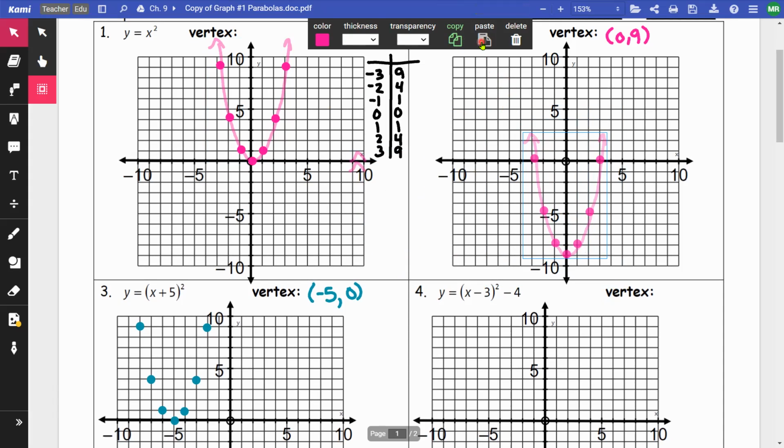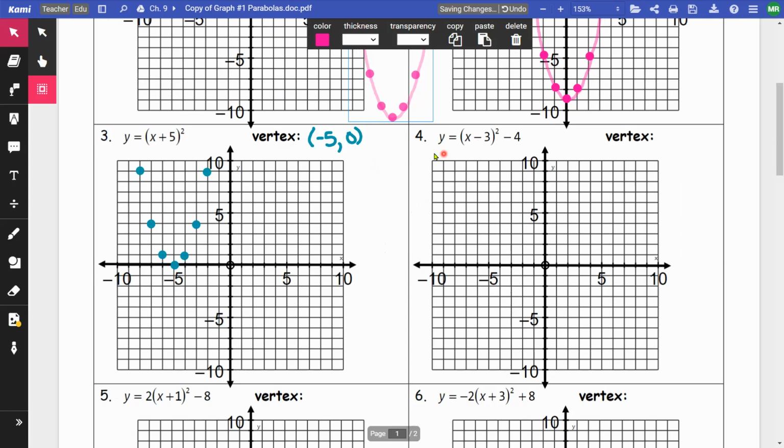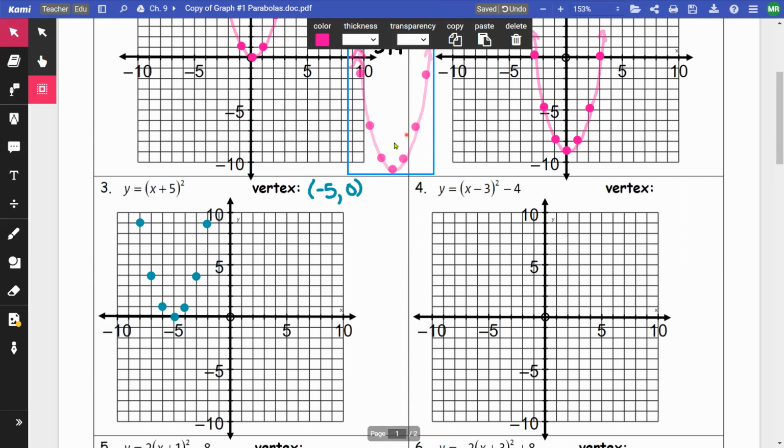Okay. So if I was to take that graph, which was the same as my x squared graph, you see I got the same points. So when I'm moving these graphs, I am basically graphing 0 squared is 0, 1 squared is 1, 2 squared is 4, 3 squared is 9, just located at a different spot.